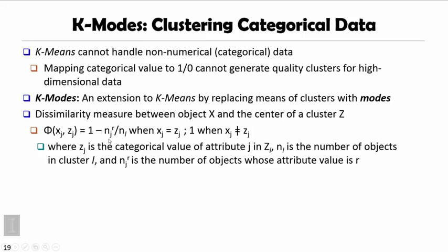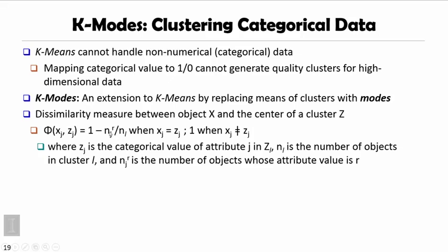This formula means that if many objects in this cluster have the same value, then this value will be very small. For example, if for the attribute in the cluster there's only one value, but it's very frequent, and this one equals that value, then this division will lead to 1, and the distance is the smallest.